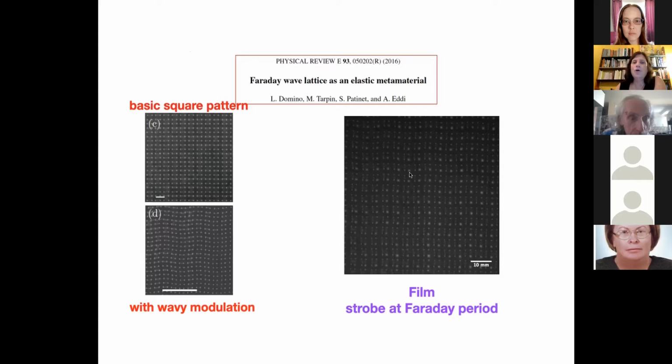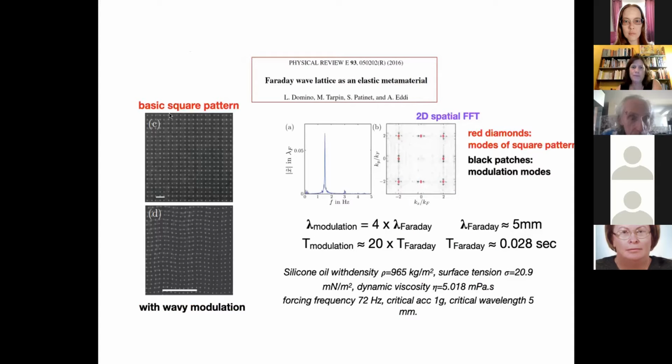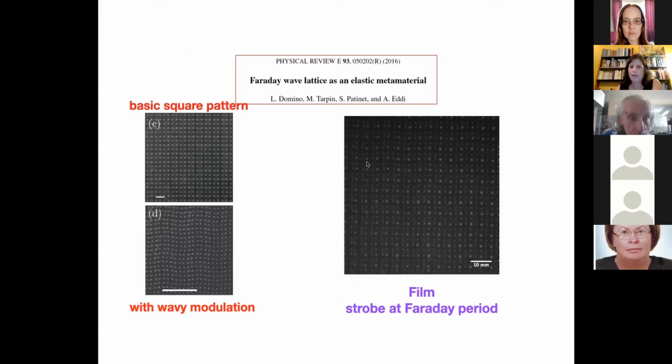In our lab, they saw a square pattern that did this. You see how it spontaneously began to oscillate like this. They had seen the squares, and then by changing the acceleration amplitude, they got this wavy modulation, which I will show you again in the film.